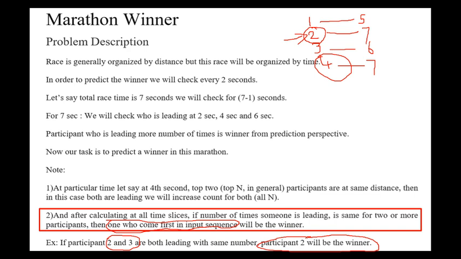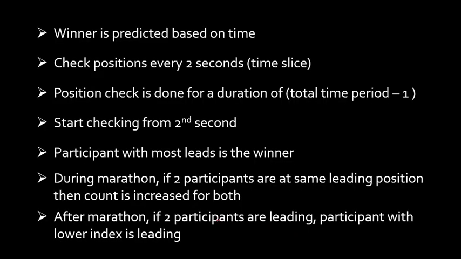What does the last point say? Whoever comes first in the input sequence is considered the winner. Note down the point: at the end of the marathon, if 2 participants are leading, then the participant with the lower index is the winner. What do we mean by lower index? If I have 4 participants, who will come first in the input sequence?